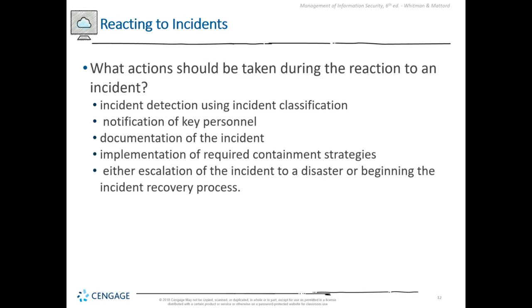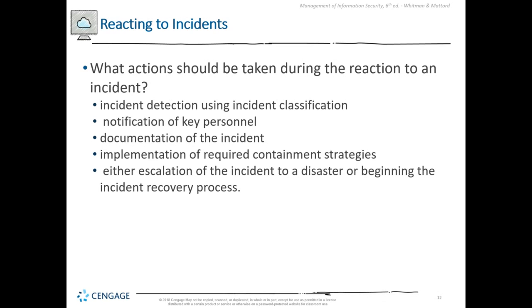You want to put in then the implementation of required containment strategies. The containment strategy should focus on two tasks: stopping the incident or recovering control of the affected systems. So containment strategies include disconnecting affected sources of communication in order to cut off the attack from outside of the company network. This strategy can only be used if the designated communication channel is not business critical.